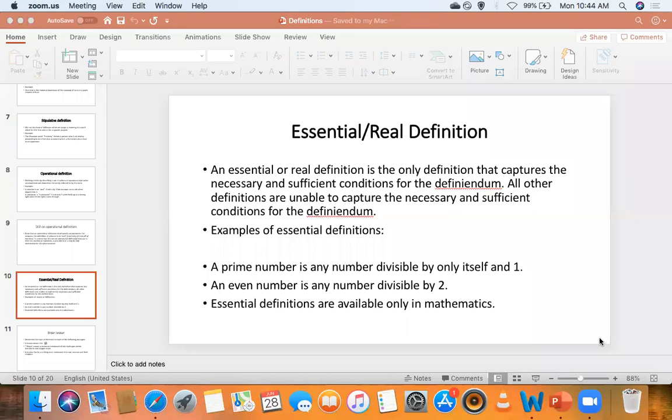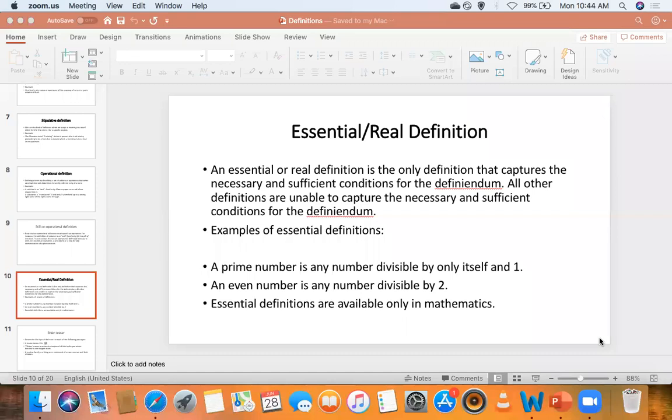For example, if you are presented with a definiens, a wooden object with 4 legs, and you are asked to supply the definiendum, what would it be?